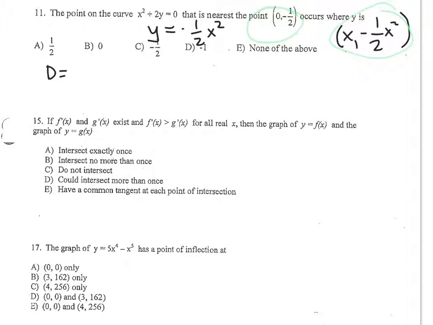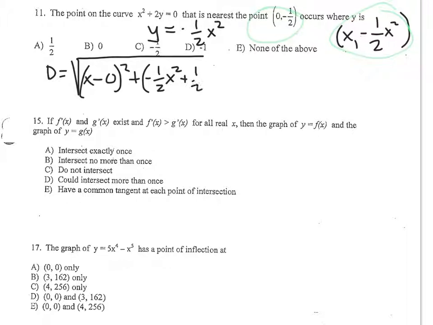We can figure out the distance between those 2 points. That's a square root formula. So x minus 0 squared plus negative 1/2 x squared plus 1/2 squared. That's supposed to be a squared up there. Oh, nice. And we're trying to minimize this.